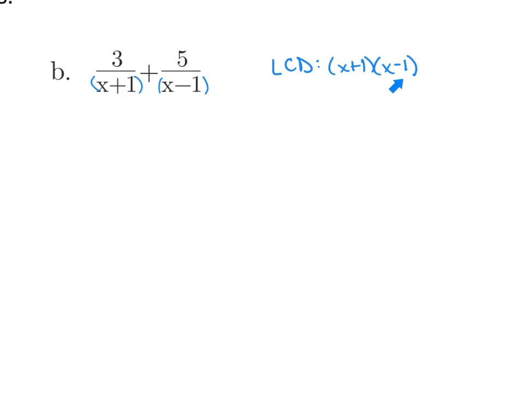I am missing the x minus 1, so I'm going to multiply by x minus 1. In the second fraction, we have the x minus 1. I am missing x plus 1, so I want to multiply by x plus 1.